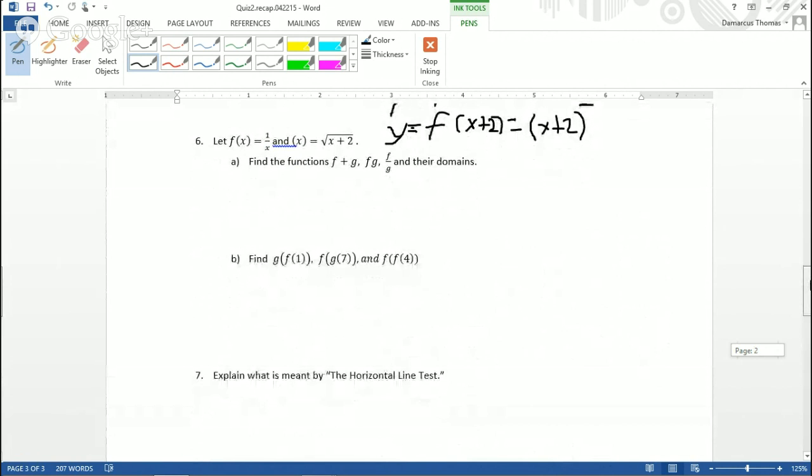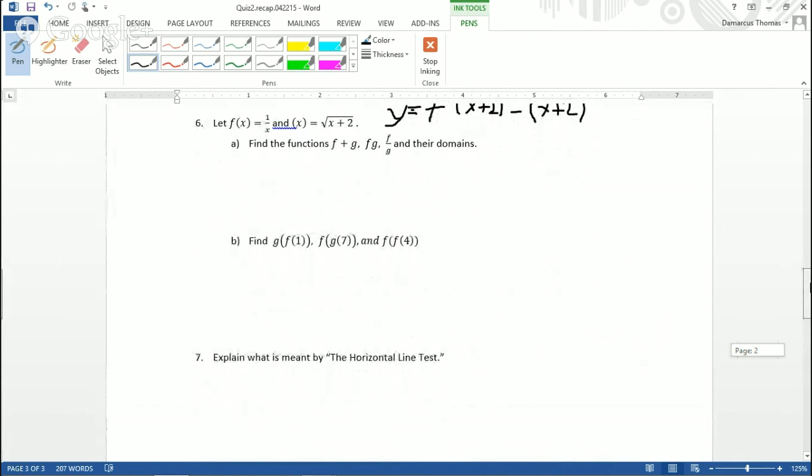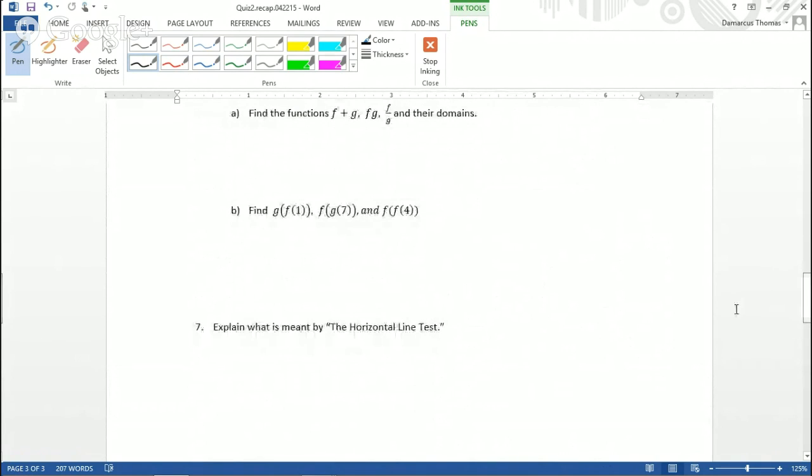Okay, just real quick, explain what is meant by the horizontal line test. And this is the test to see if a function is one-to-one. I'll just use my example here.